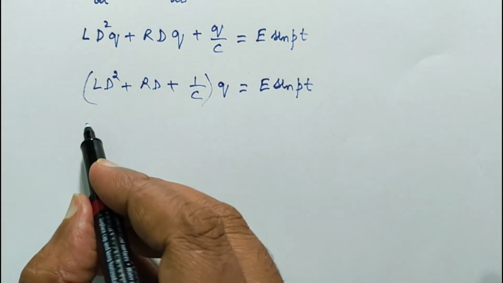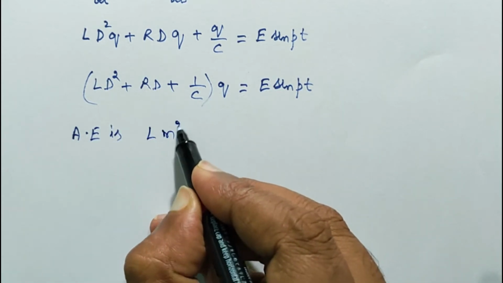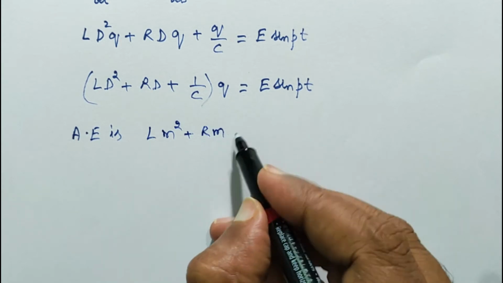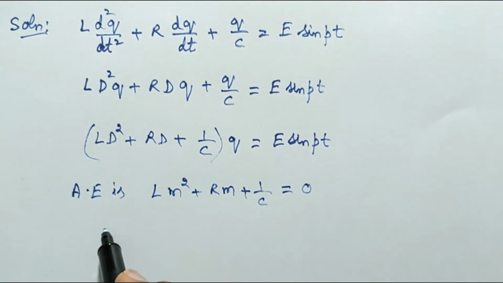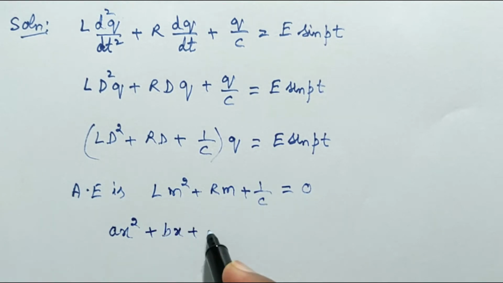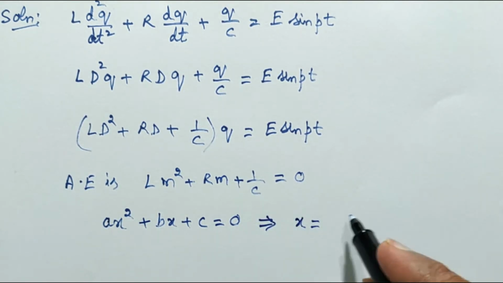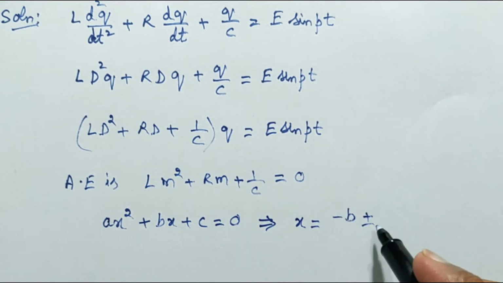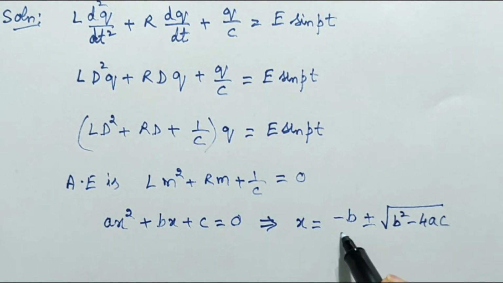Let us write down the auxiliary equation. The auxiliary equation is L m square plus R times m plus 1 by C is equal to 0. This equation is of the form a x square plus b x plus c is equal to 0, and the root of this quadratic equation is given as x is equal to minus b plus or minus square root of b square minus 4ac divided by 2 times a.